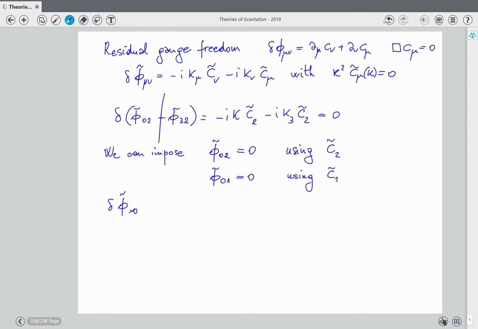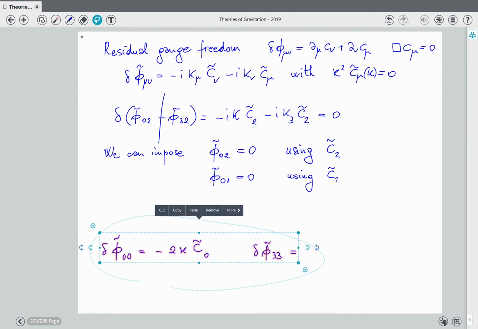Let's see if we can do something with phi tilde 0, 0 and phi tilde 3, 3. Okay, 0, 0 means that we have twice the same k c tilde 0. So yes, we can impose phi tilde 0, 0 equals 0. We do it down here.